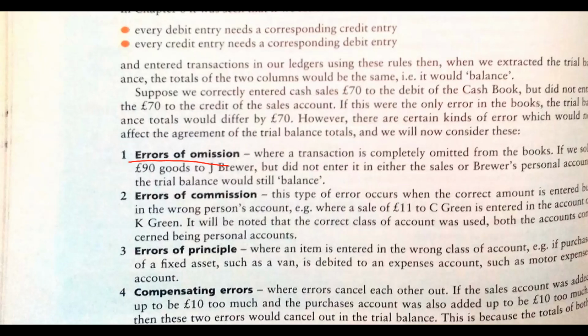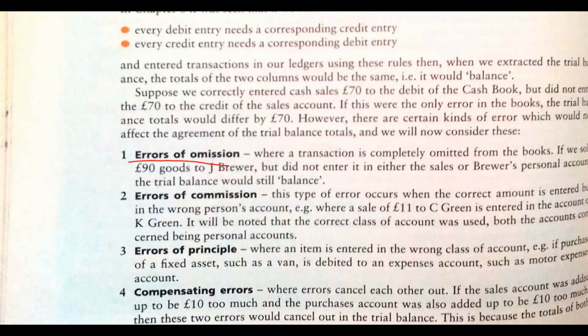The second type of error is the error of commission. This type of error occurs when the correct amount is entered, but in the wrong person's account.